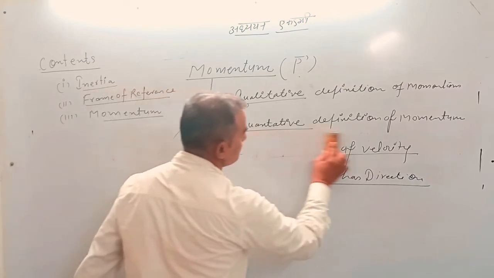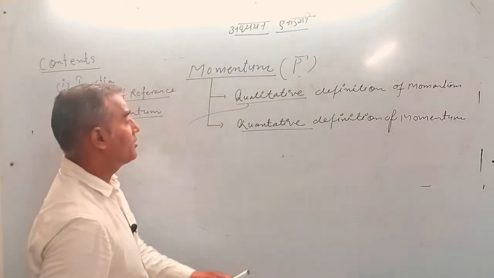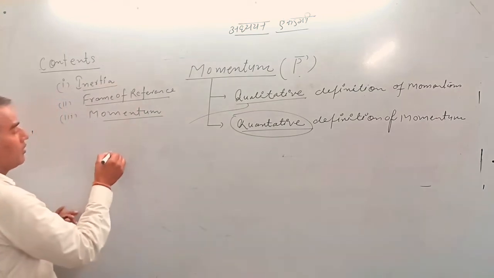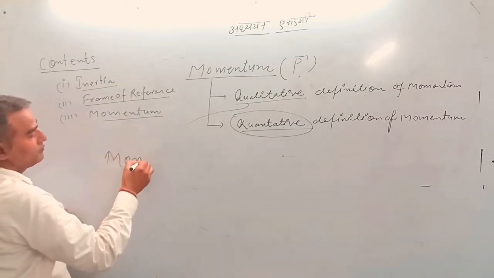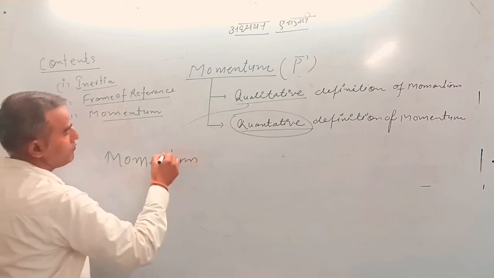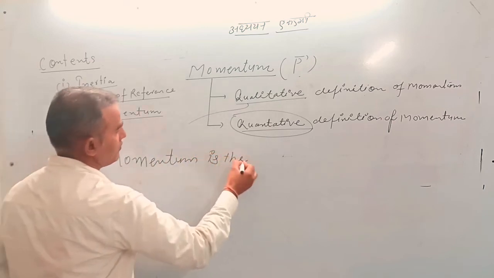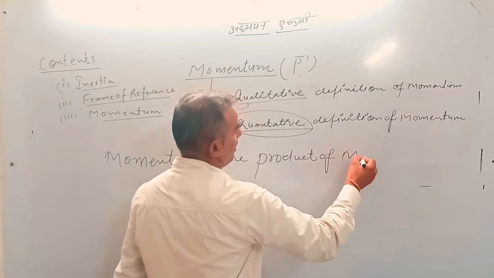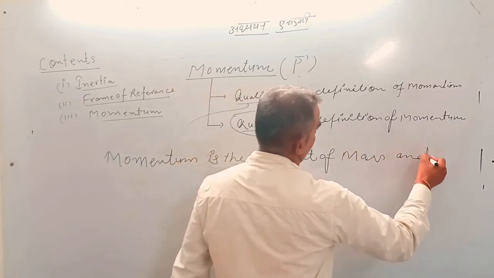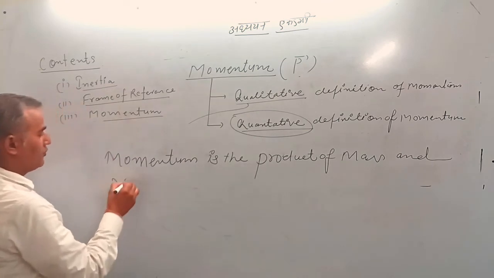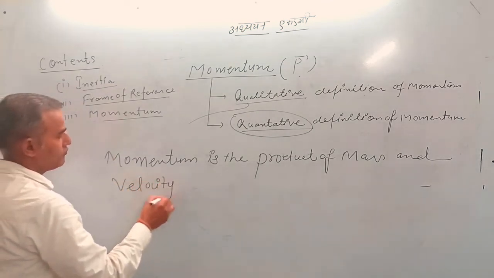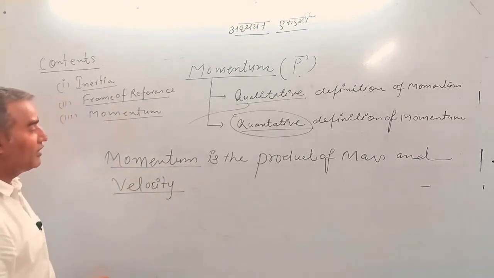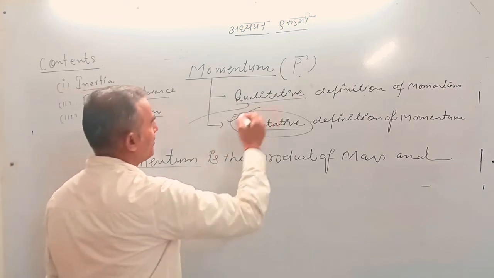अब अगर हम बात करते हैं क्वांटिटेटिव डेफिनेशन की, what will be the quantitative definition? As you know that momentum is the product of mass and velocity. Momentum is the product of mass and velocity. This is the quantitative definition.